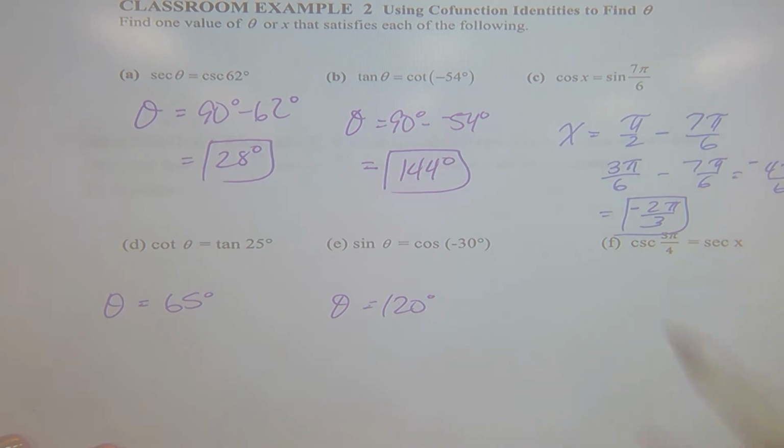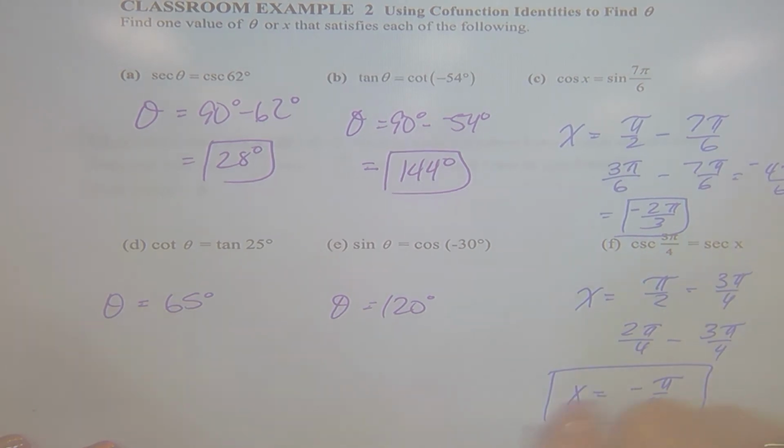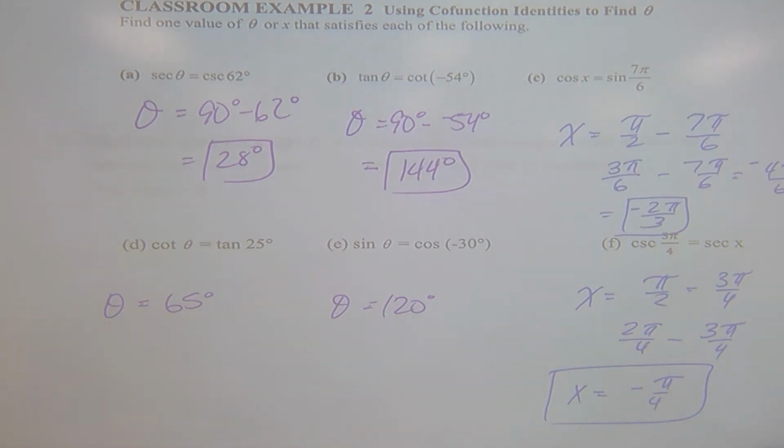Cosecant and secant are cofunctions. So x is going to be pi half minus 3 pi fourths. Need a common denominator. X is negative pi fourths.